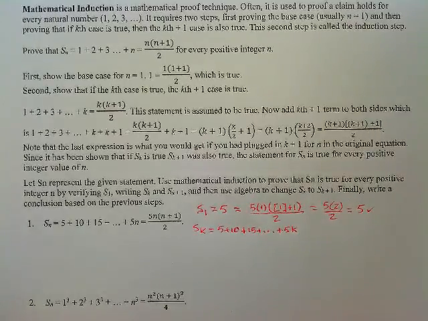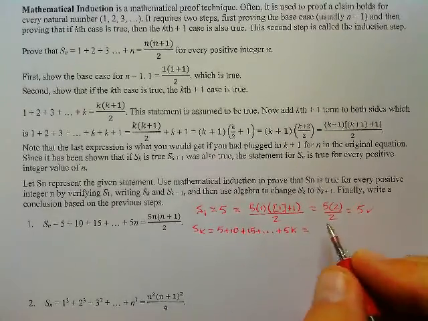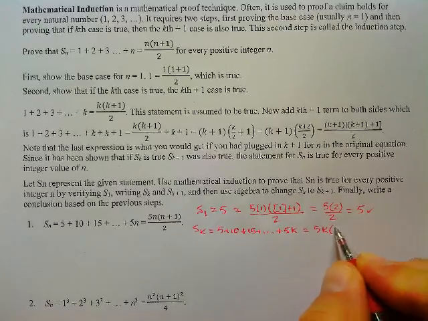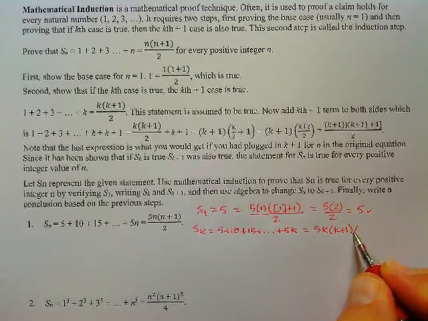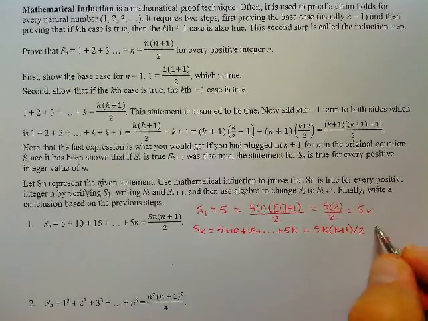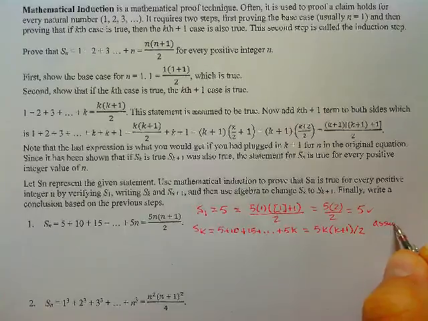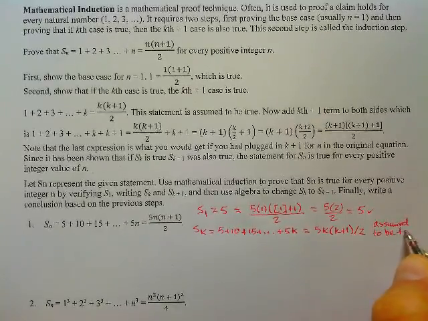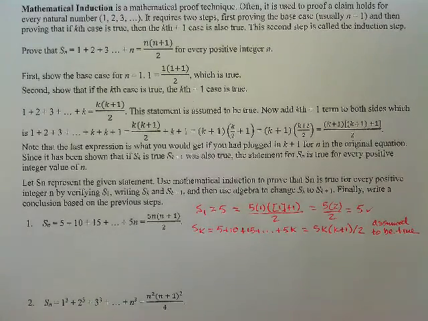So wherever we had an n, we now have a k, and that should equal then 5k times k plus 1, and then all of that over 2. And so this is assumed to be true. So there is our assumption step.